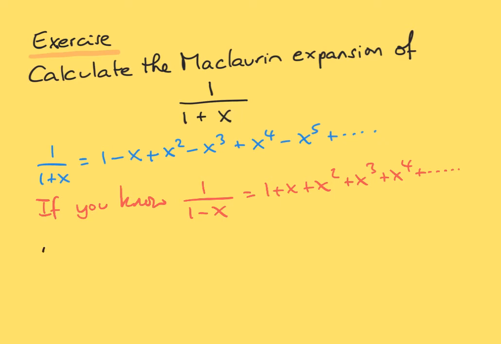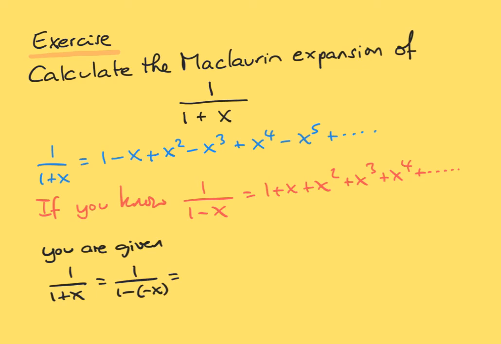So you are given that 1 over 1 plus x, well, that is 1 over 1 minus x. So we can just take this result, and everywhere there is an x here, you replace it by minus x.